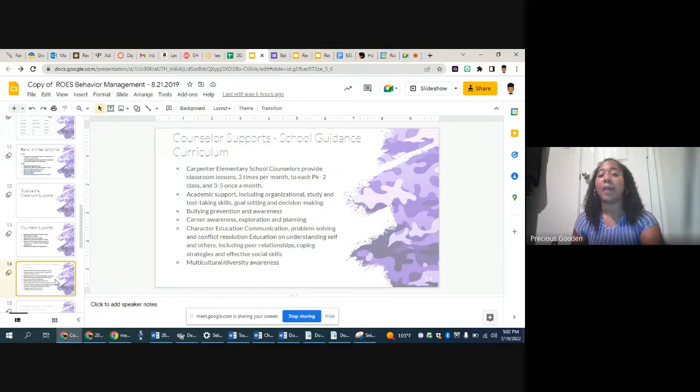So academic support, including any type of organizational setting and test taking skills, will be able to assist them as well. The school counselor, bullying prevention, career awareness, college awareness as well. Just putting that awareness out there.